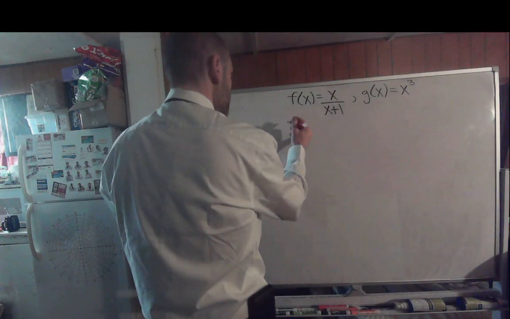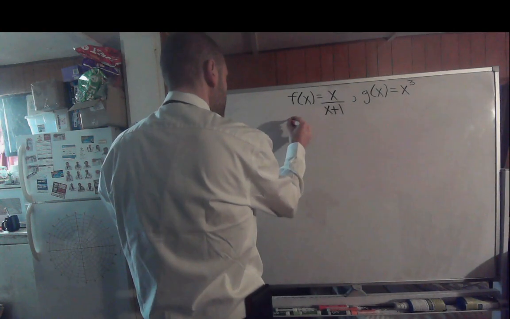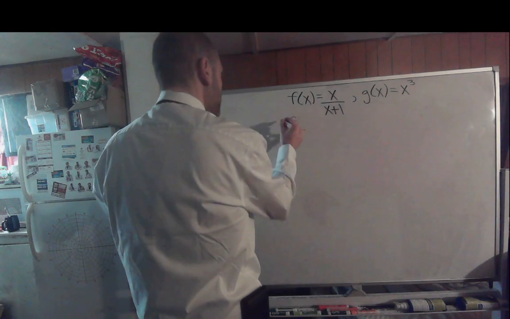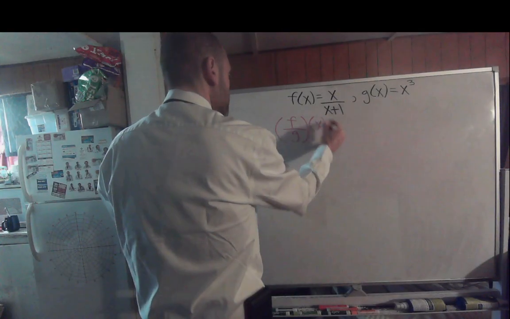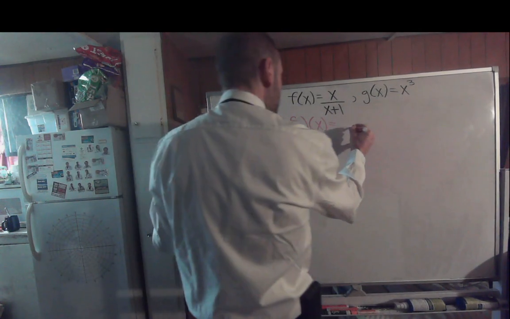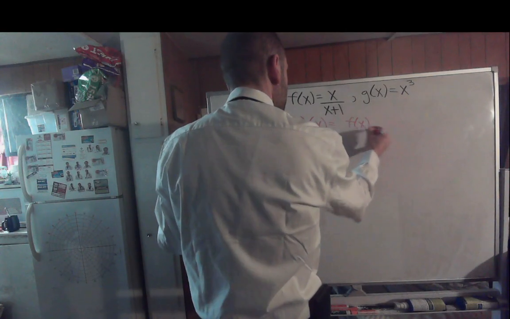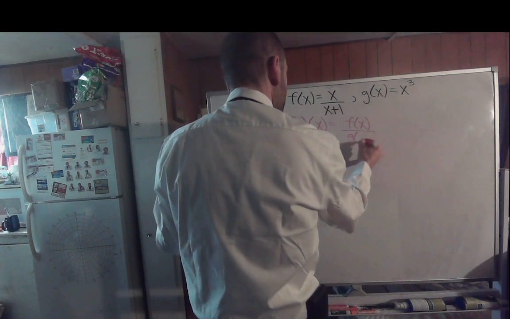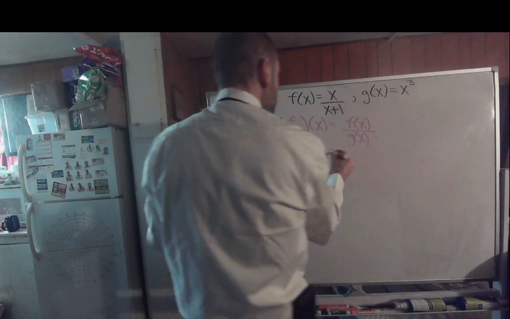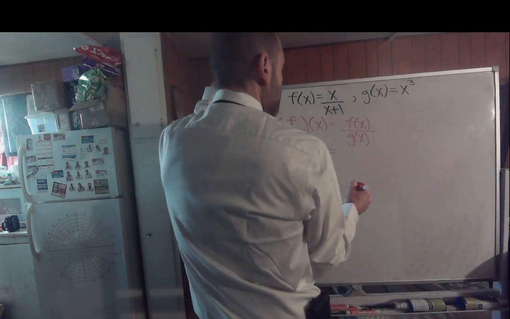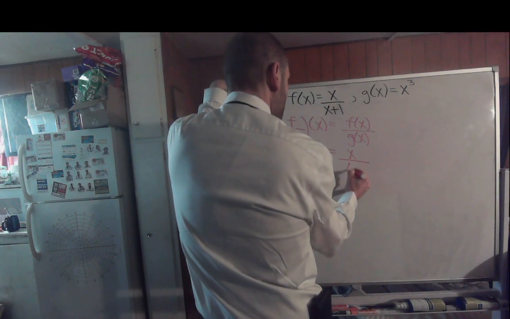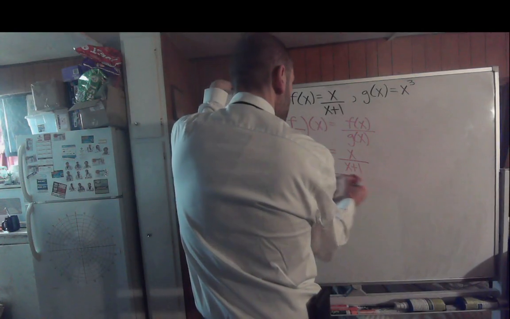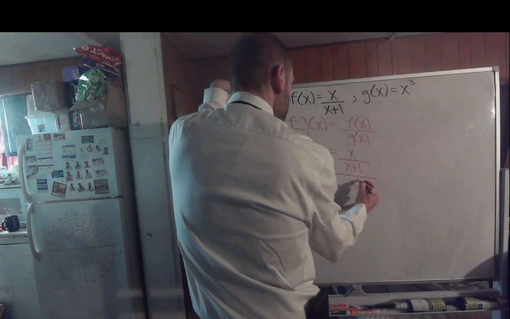And then we'll do, let's see, f divided by g of x, which would end up being f of x divided by g of x. So this is going to be interesting. This is going to end up giving you x over x plus 1 all over x to the third.